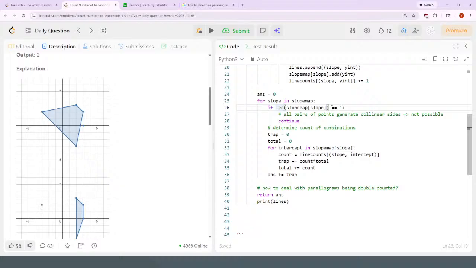I could also go map from slope intercept to the side lengths, and then for each side length to count the things that got that side length. That's a disgusting amount of mapping. That might be necessary.